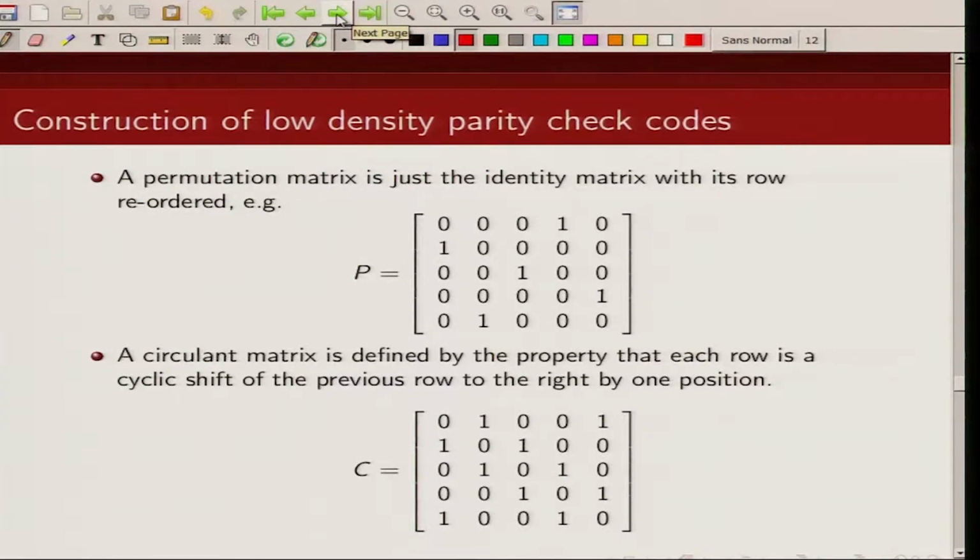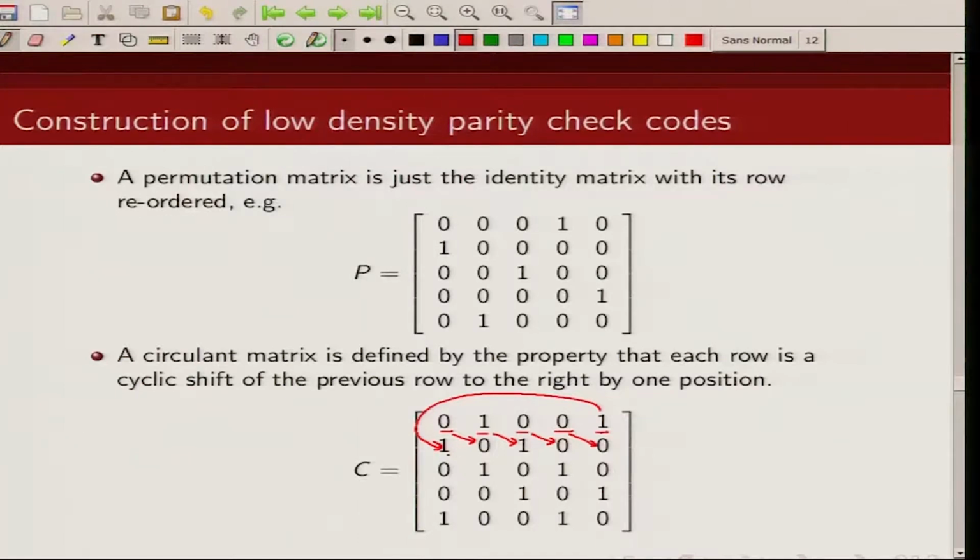Now, what is a circular matrix? A circular matrix has the property that each row is just a circular shift of the previous row. For example, the first row is 0 1 0 0 1. Now, this 0 comes here, this 1 comes here, this 0 comes here, this 0 comes here, and this 1 comes here. So, that is your second row.